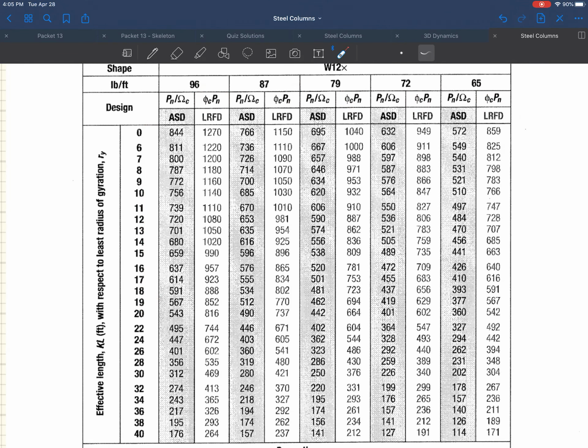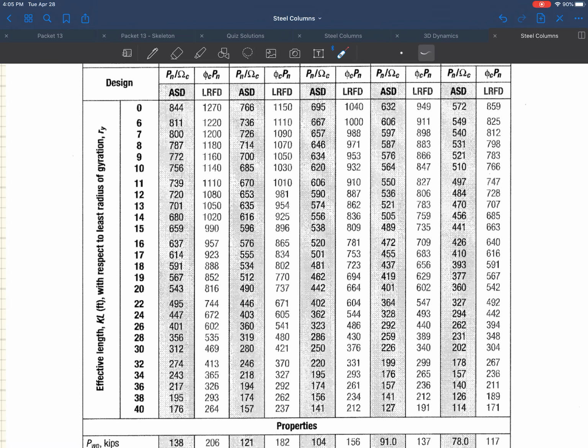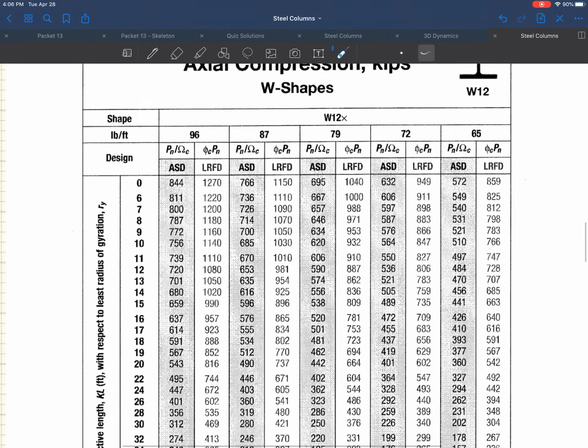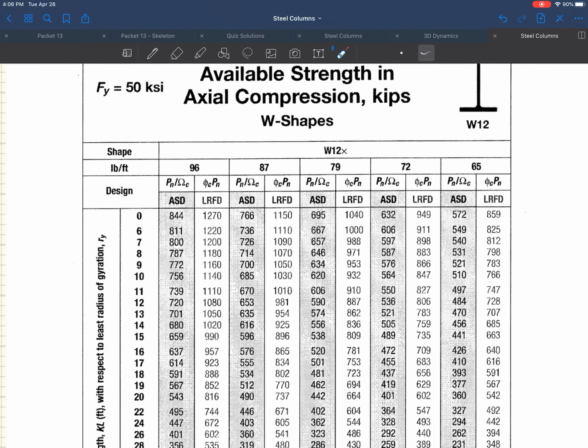So if you had something that had a KL of 14 feet, you would read up this 14 feet and you read across until you find the phi-Pn that's going to work for you. That's how you work this table. It's not too complicated. It's a little bit different than the ones we're used to working, but it's not too bad.